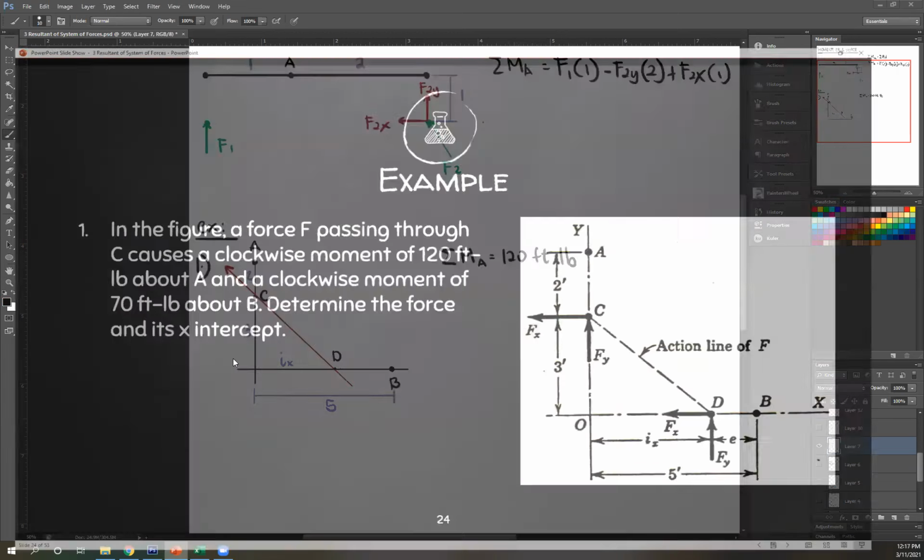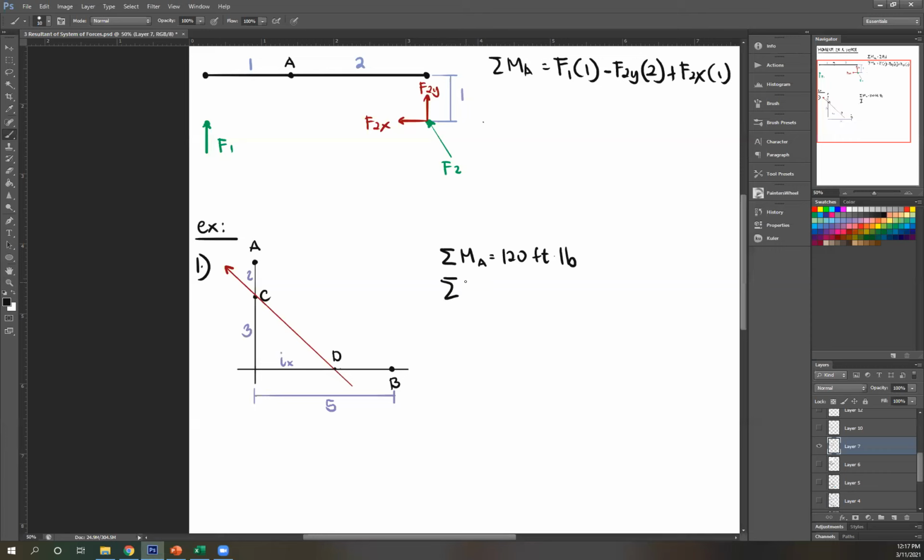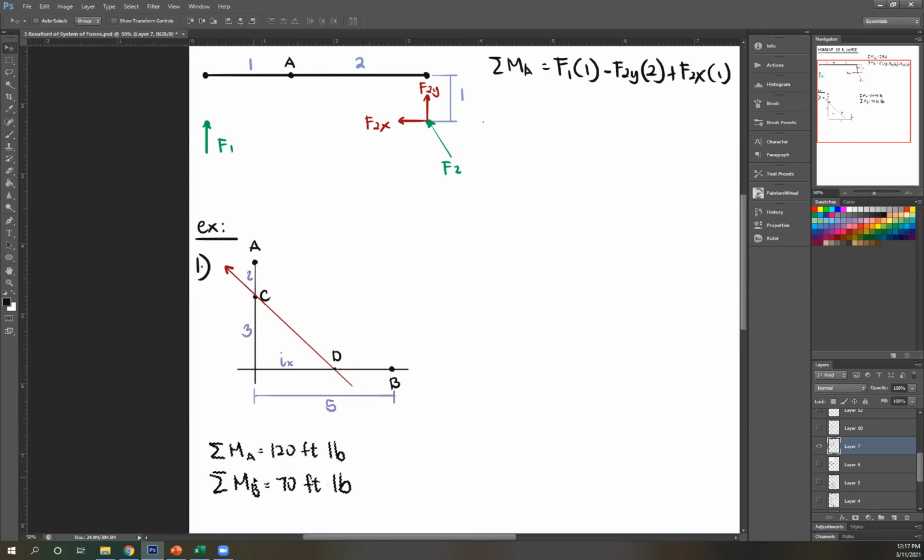Okay. Next, clockwise moment of 70 about B. Again, clockwise, that's positive. We can just write that immediately. Summation of moment at B, 70 foot-pound. Okay. Write that here. Now it's positive.